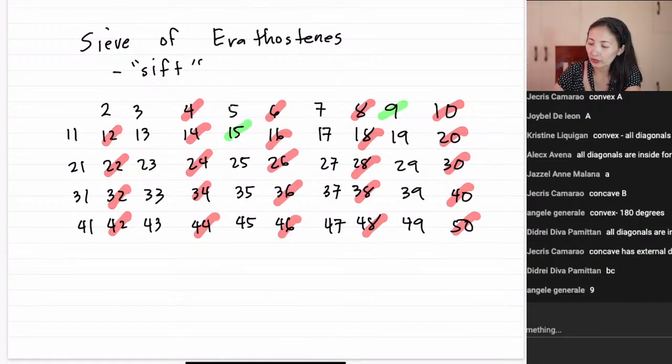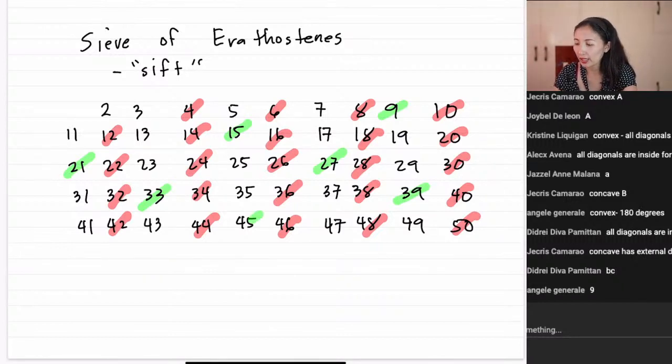And then 24, already done. Then 27, and then 30. Then 33. Then after 33, 36, done. And then 39. Then we have 42. Now we have 45. And then we have 48.